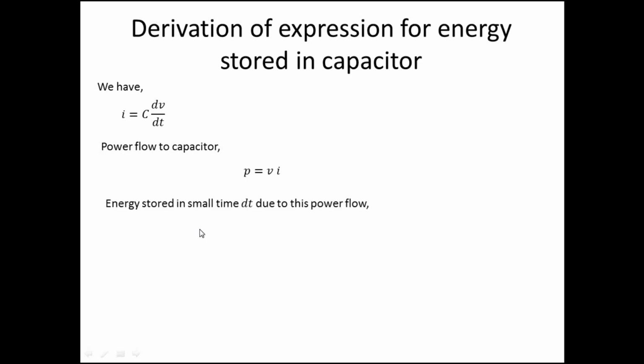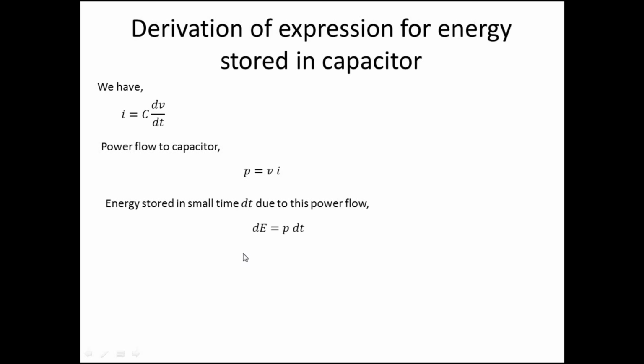Again we have the current voltage relation for a capacitor as i equal to C dV by dt. The current i is flowing, hence a power flow will happen to the capacitor, which will be P equal to Vi. This is the instantaneous power flowing to the capacitor. Due to this instantaneous power flow, there will be energy stored in a small time dt in the capacitor.